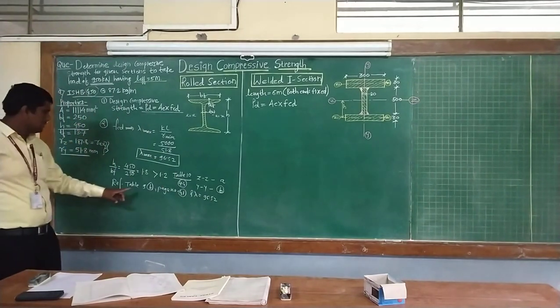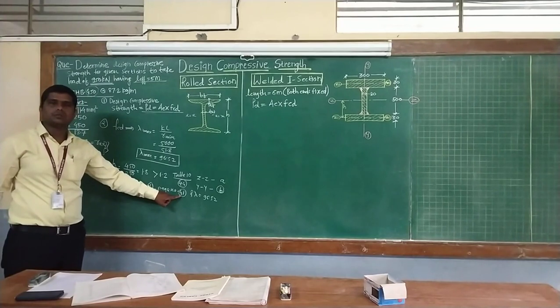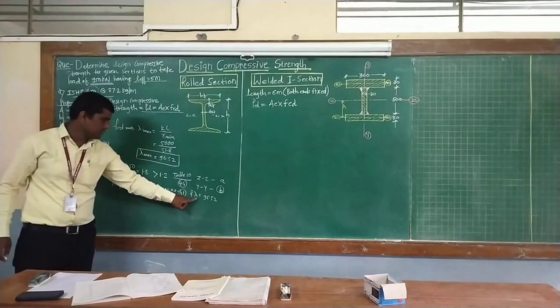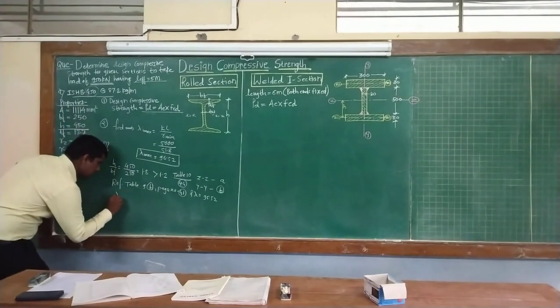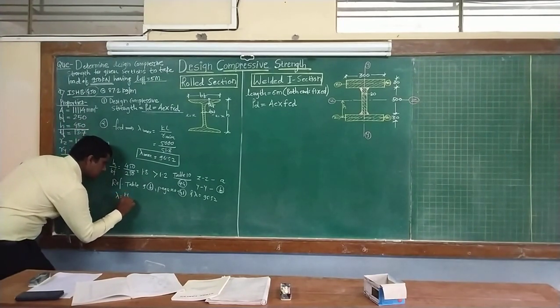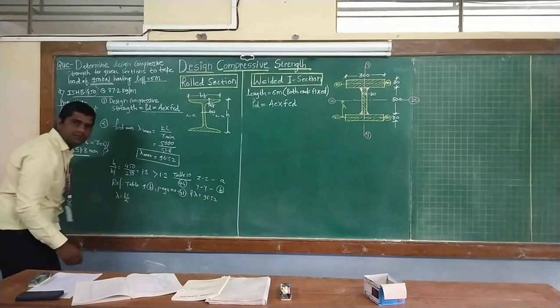By using this table number 9B of page number 41, IS 800 2007, for this particular value of lambda, where lambda is equal to KL by R, the value given is 96.52.